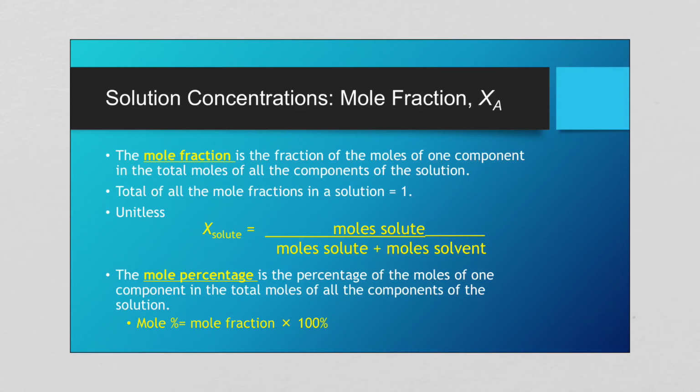It's the part over the whole. So it's the moles of one component over the total moles. Most typically, this is going to be the moles of solute over the moles of solution.